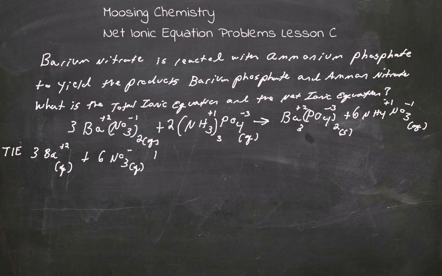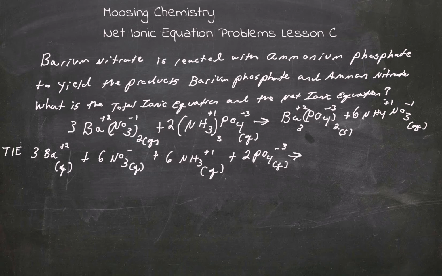All right, plus 6 ammoniums, NH4 plus 1, that's also AQ. Plus 2 phosphates, PO4 minus 3, and that's AQ.